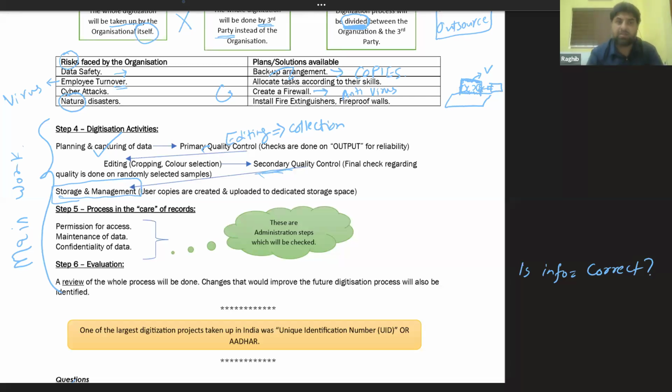Process in the care of records, step 5: permission for access, maintenance of data, confidentiality of the data. These are the things that the administration needs to check. Now look here, permission for access. Who will make use of the data?